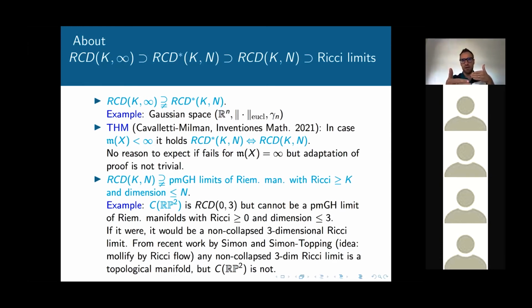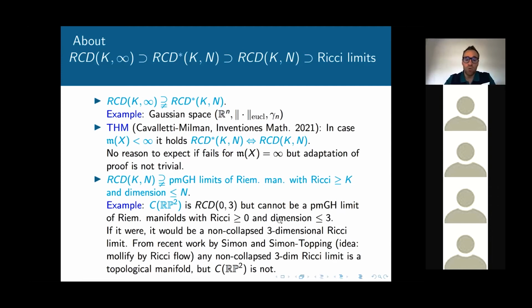They run the Ricci flow for a very short time to get good estimates on the metric and on the distance functions. And then with this better estimate, they could go to the limit with a kind of diagonal argument and show that the limit space is still homeomorphic to a three-dimensional manifold. So the limit is going to be a topological manifold.